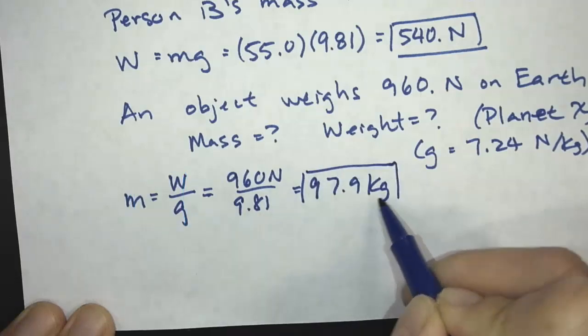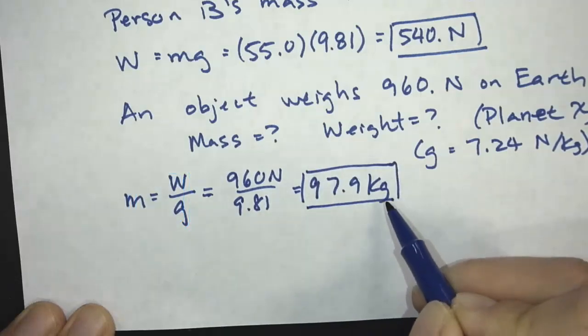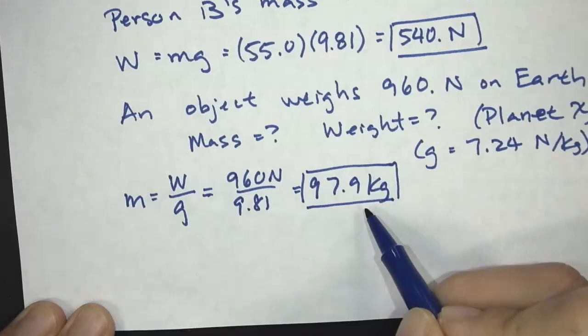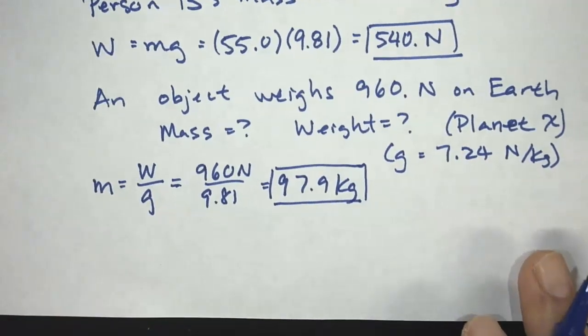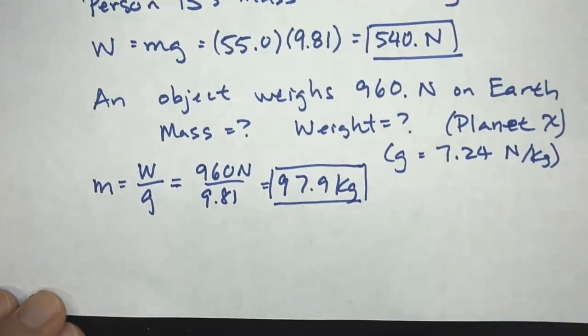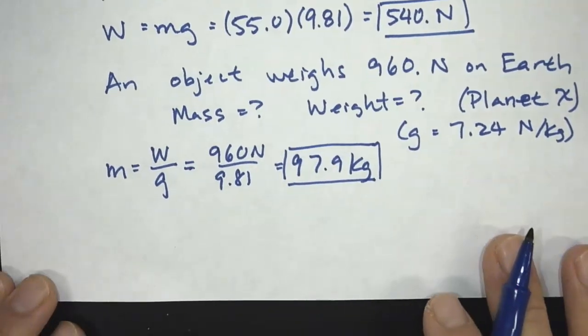That is this object's mass on Earth, but also on planet X or anywhere else in the universe, because the mass of an object is just the amount of matter in an object, the amount of atoms and molecules, so that does not change when you go to another location. However, the weight will be different.